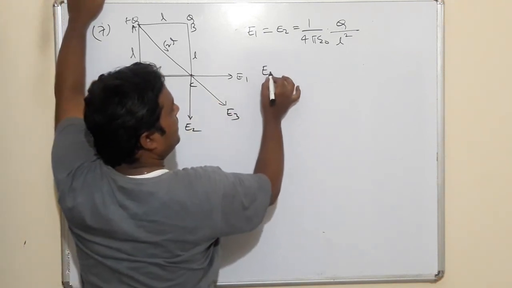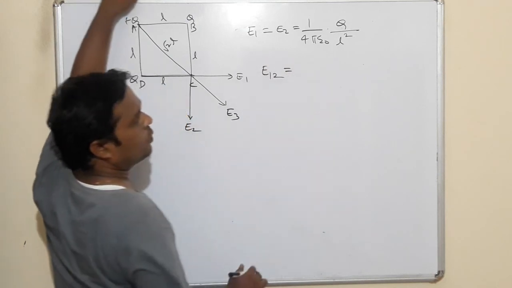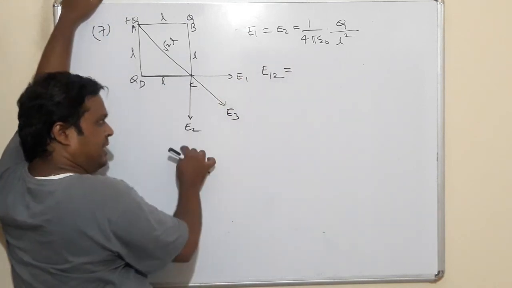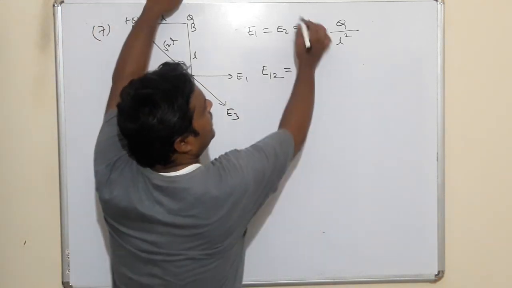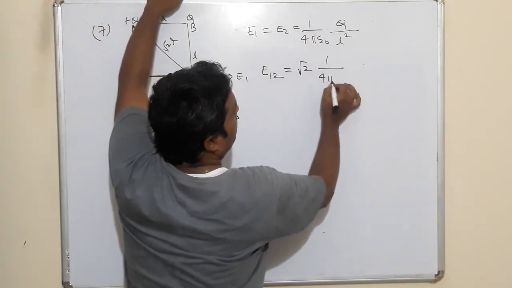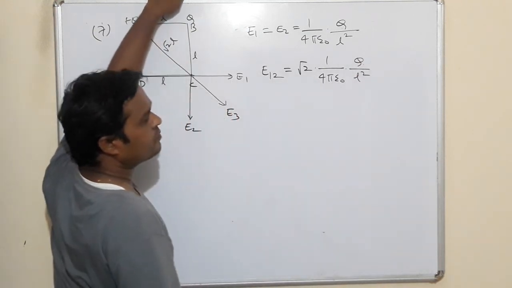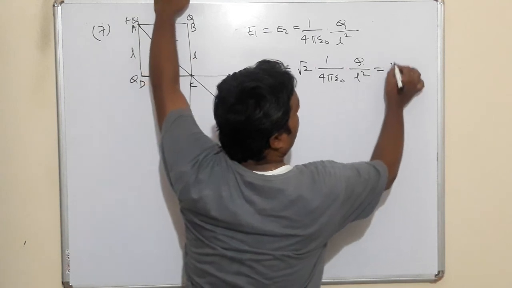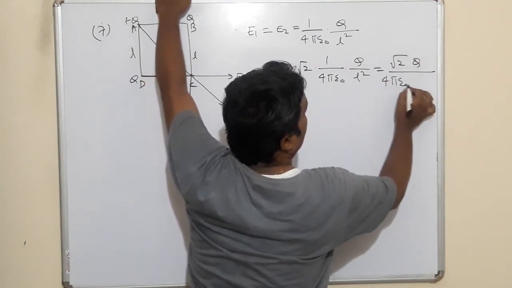Then what is the resultant of E1 and E2? E12 means the resultant of 1 and 2: E at angle 90, so multiply by root 2 into E. What is E? 1 by 4 pi epsilon naught Q by L square. Then this will be root 2Q divided by 4 pi epsilon naught L square.